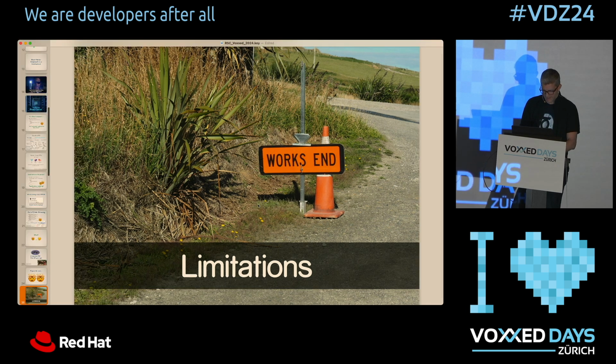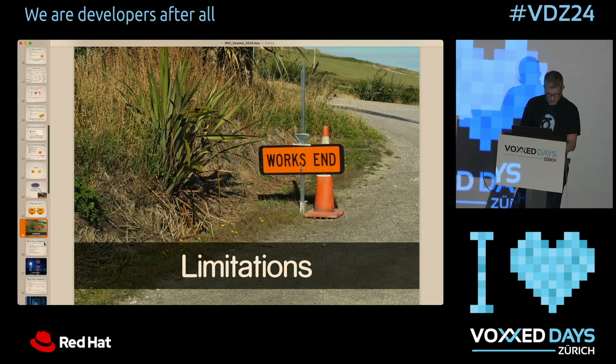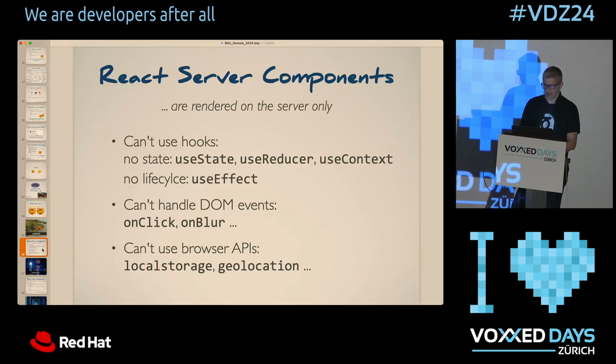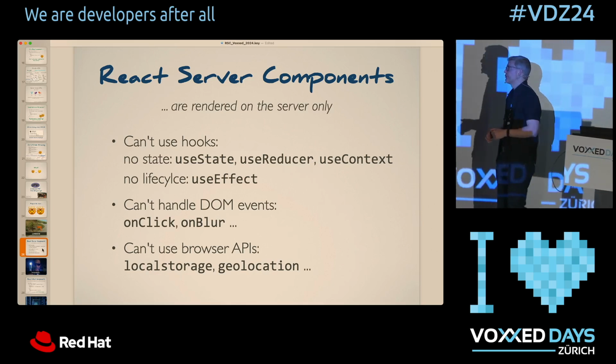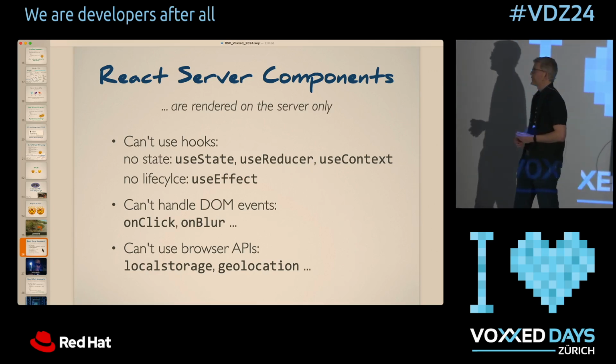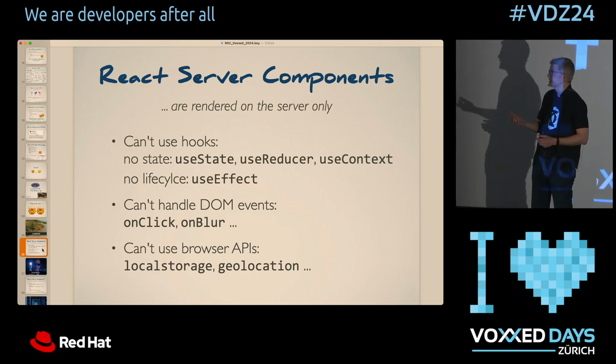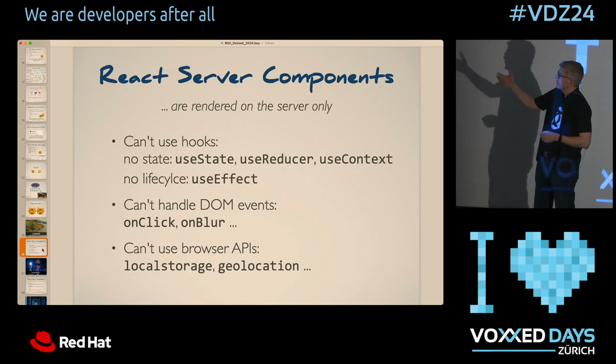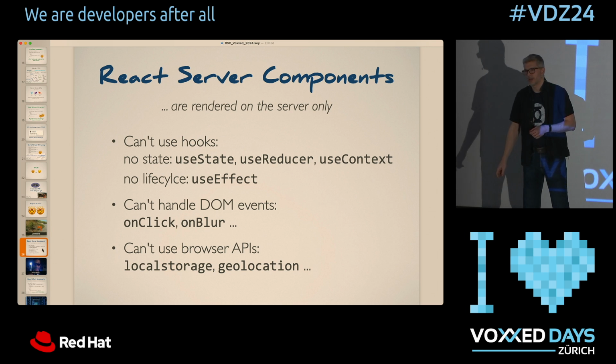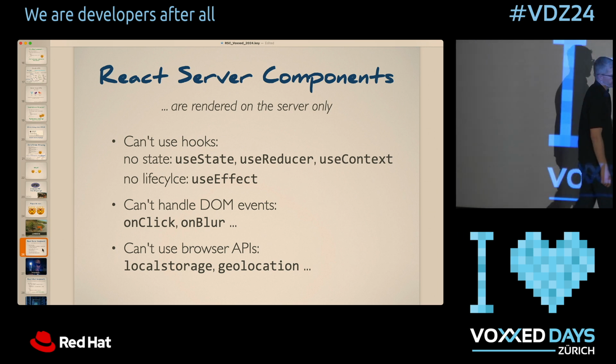So technically, that means server components are only rendered on the server. We cannot use a lot of the stuff we are used to from React programming. So we cannot use hooks, we cannot use state, because state would mean re-rendering on the client. We cannot use event handling, and of course we cannot use some DOM APIs because we are running on the server, basically.